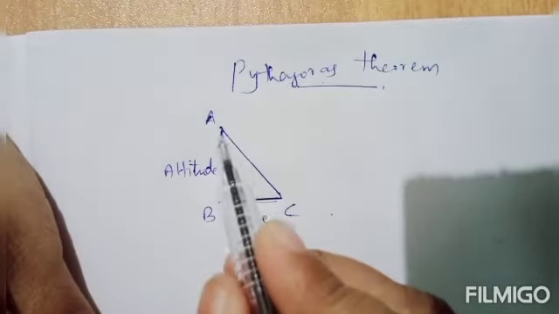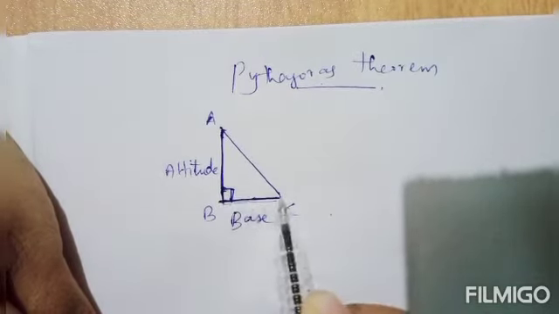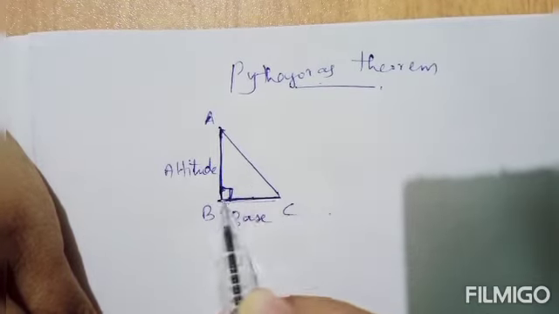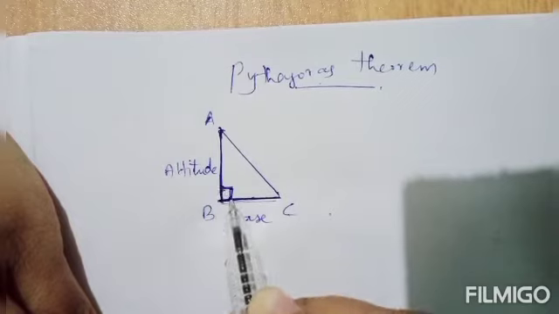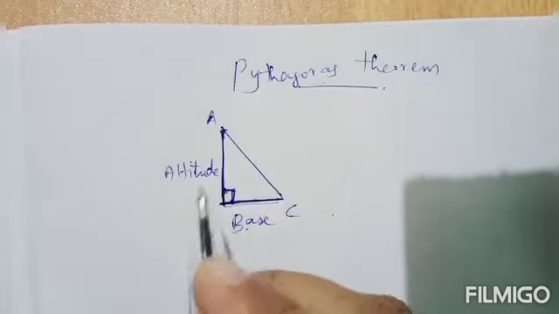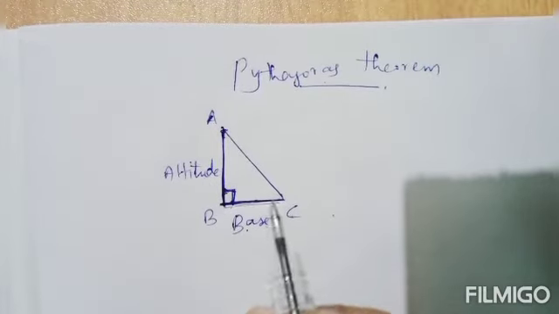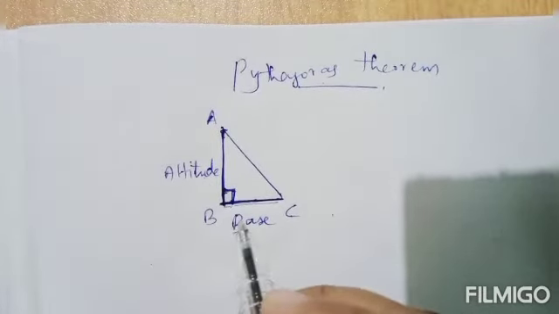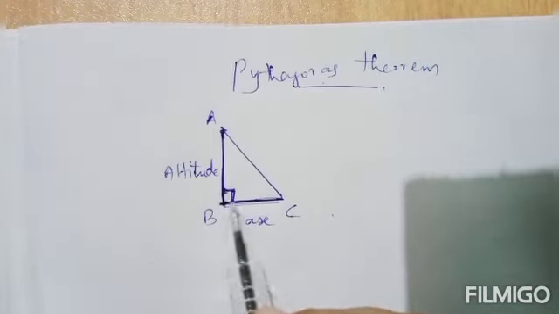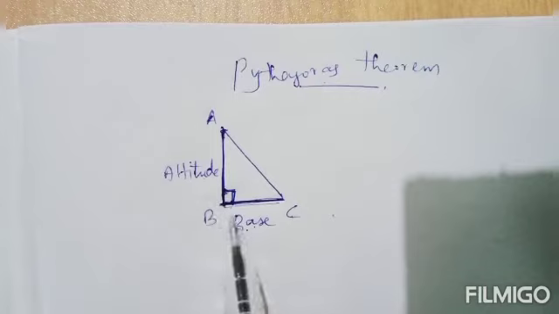In this triangle, BC and AB are the sides which form the right angle. Always take the sides which form the right angle as base and altitude.